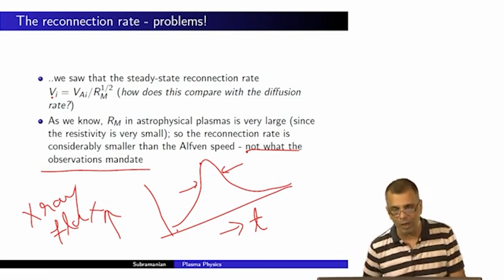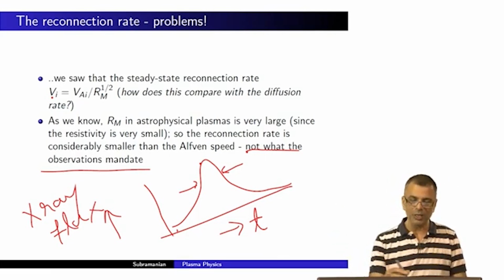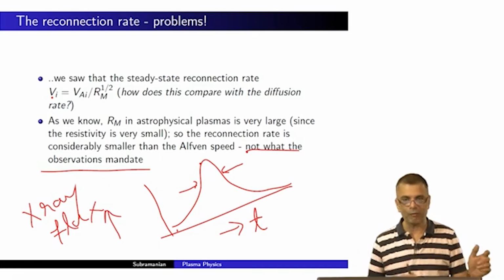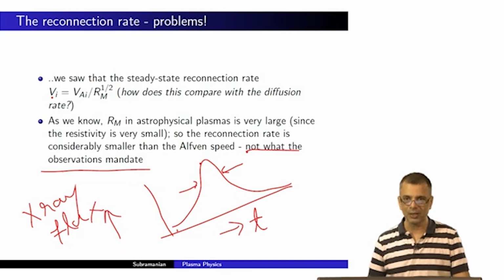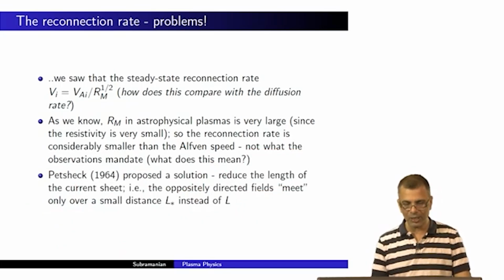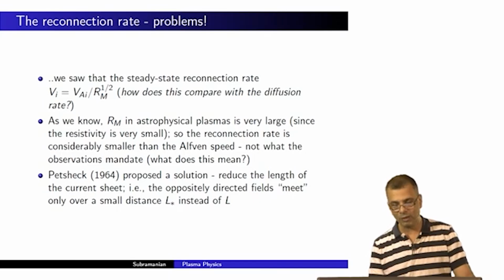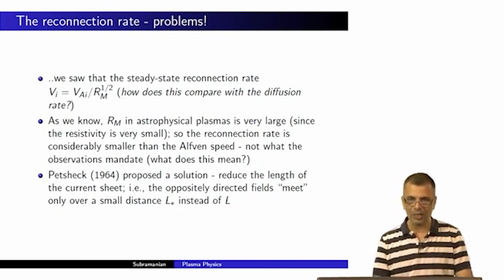It's nothing close to the Alfvén time scale, whereas the observations mandate an Alfvén time scale. So, there's a problem with this nice scenario, and how to solve this problem? Petschek came up with a very innovative solution, and we will talk about this when we meet next. So, for the time being, thank you.